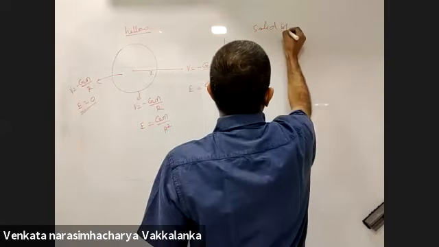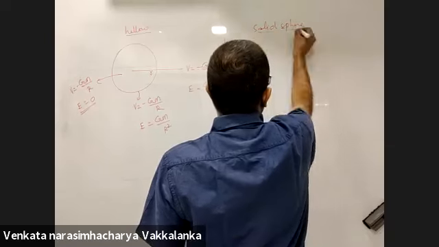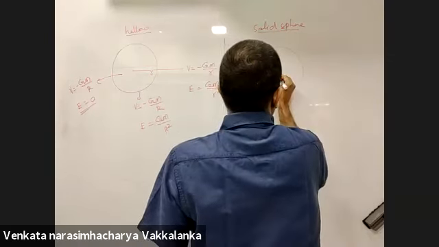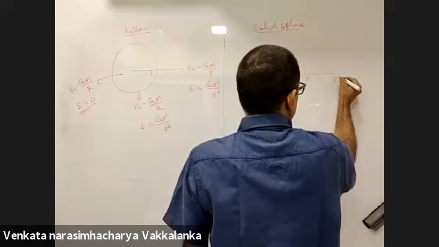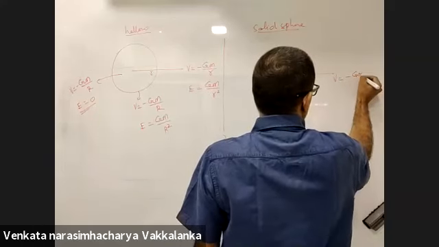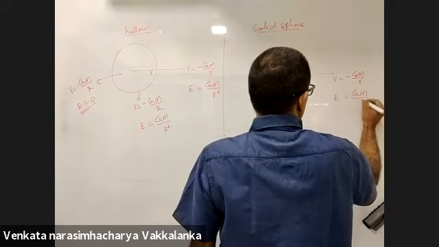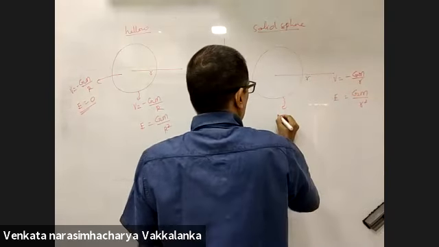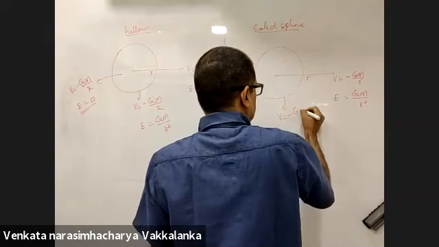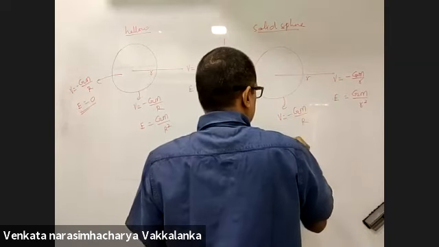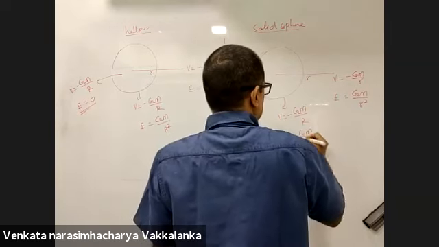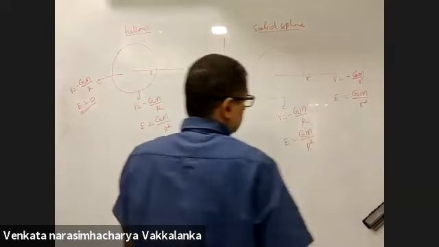Solid sphere. For an external point, life is quite simple. Potential is minus Gm by small r. Field is Gm by r squared. On the surface, potential is minus Gm by R. Field is Gm by R squared.